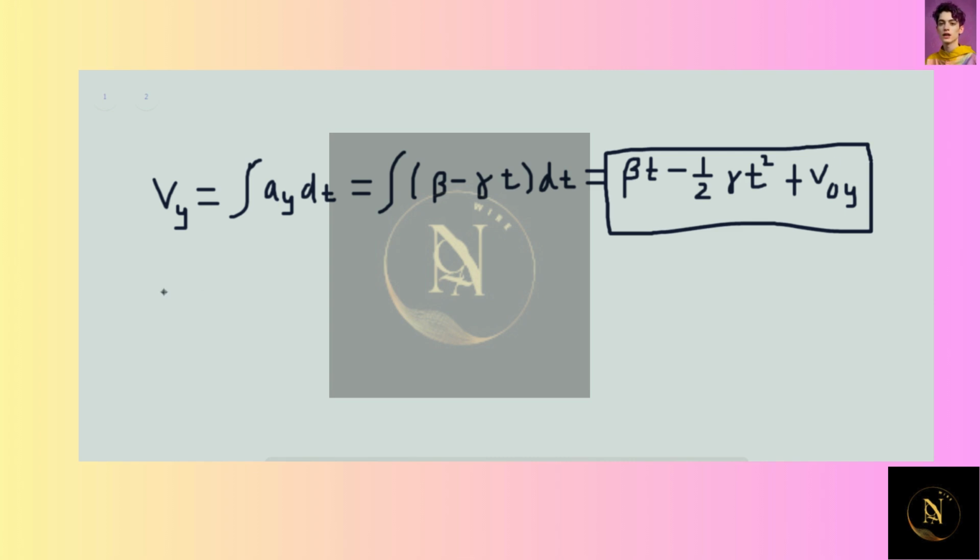So now we need to find x. Well, x is just going to be equal to the initial position plus the integral of v of x. The initial velocity in the x direction times time, right?